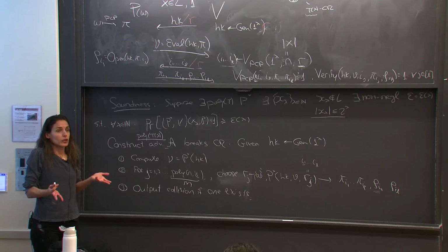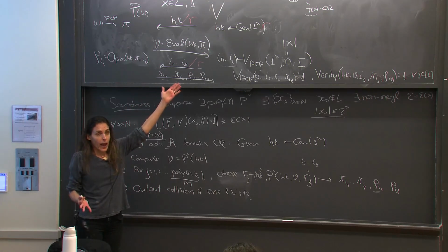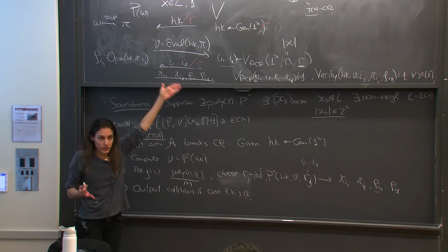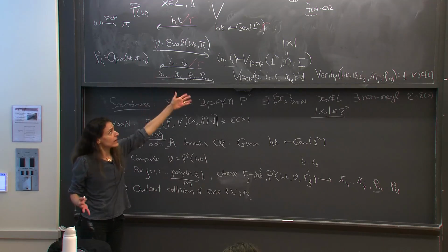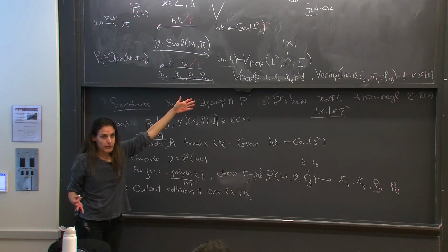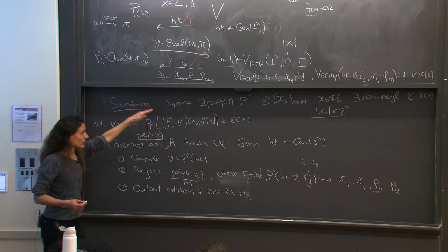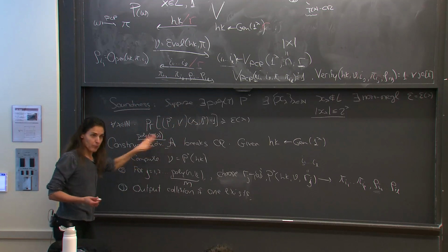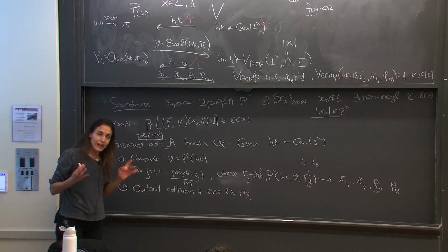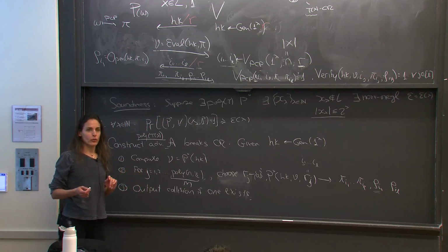That's what gives me a contradiction. My assumption is that there exists a collision resistant hash where collisions cannot be found in time poly T. To break that, I need to say if there exists a cheating prover, then I can break the collision resistance in time poly T.